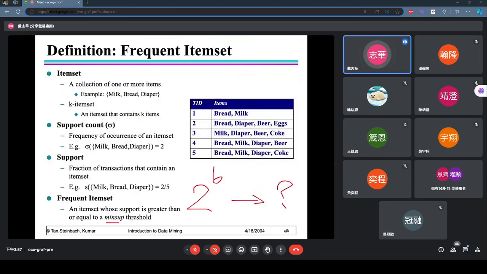This is a transaction table, a shopping log. However, you could turn this into a document: TID could become DID, document ID, and the items could be the terms, the words that appear in the document.